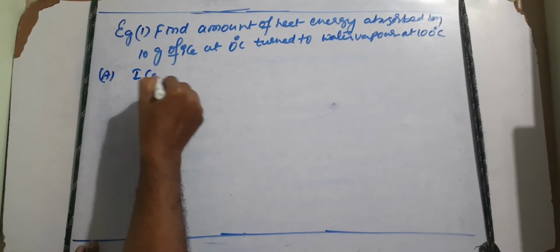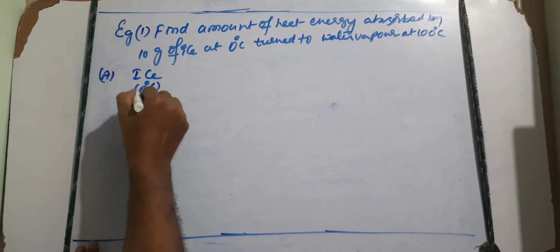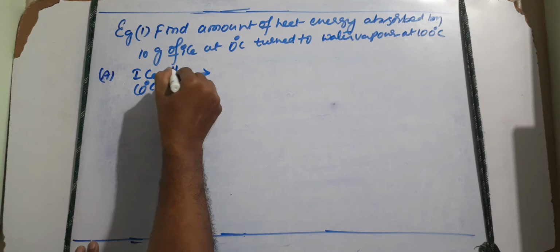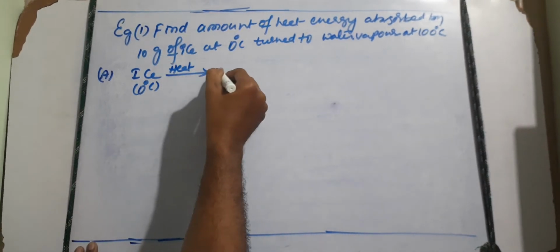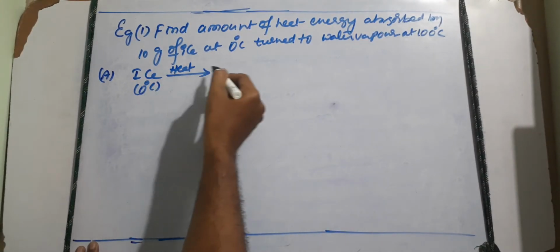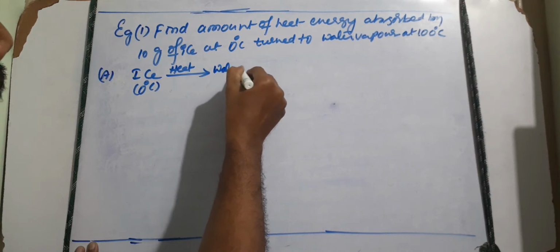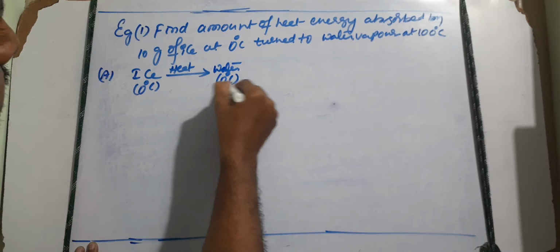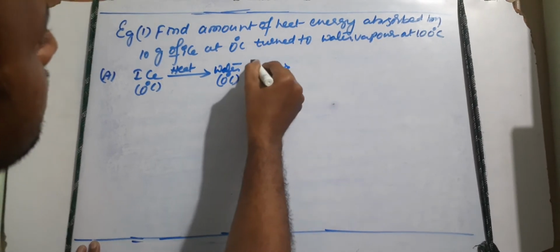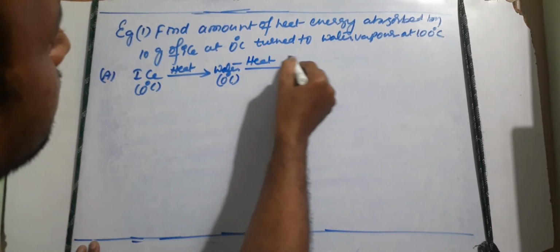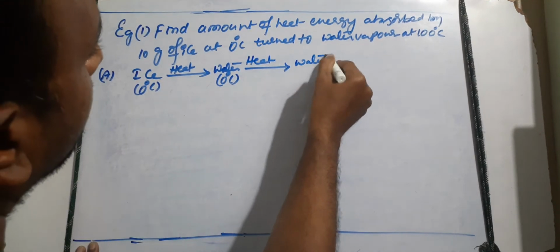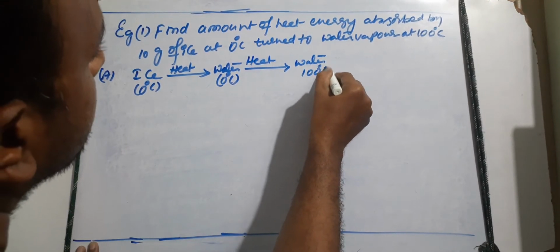So ice is given initially at 0 degrees Celsius. On heating, it absorbs heat energy, and this ice at 0 degrees Celsius begins to melt into water. So this water is also at 0 degrees Celsius. On further heating, this becomes boiling water at 100 degrees Celsius.